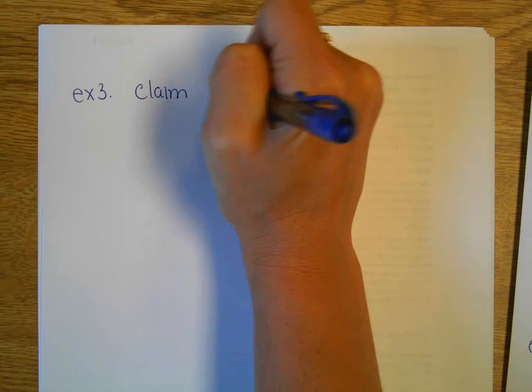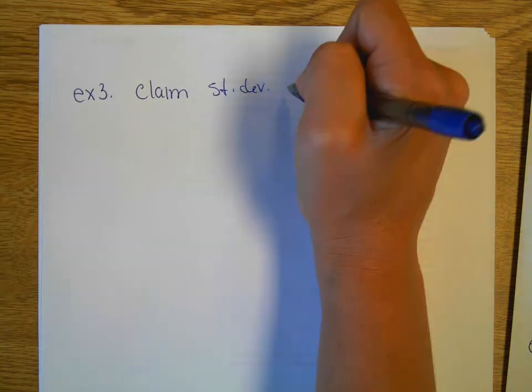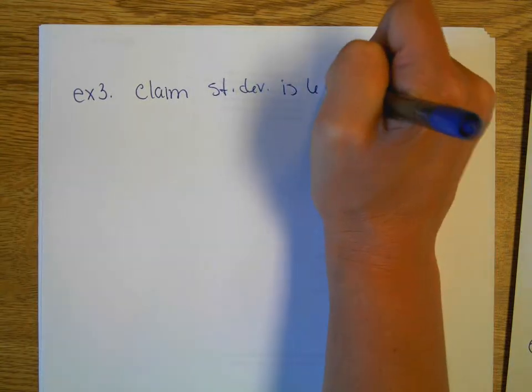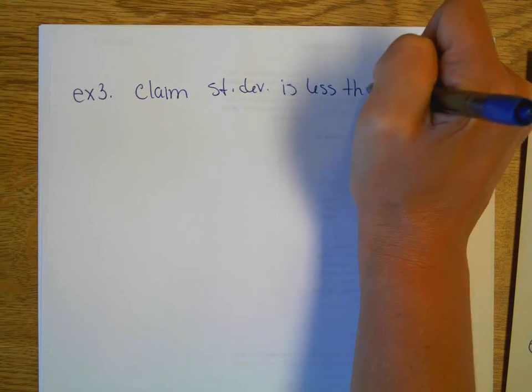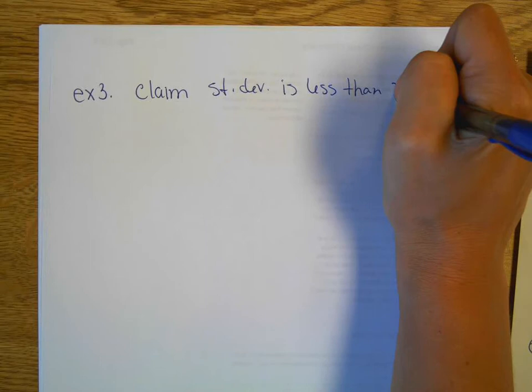Is that the standard deviation? In the length of response times, this is the police department. He says the standard deviation of our response times is less than 3.7 minutes.